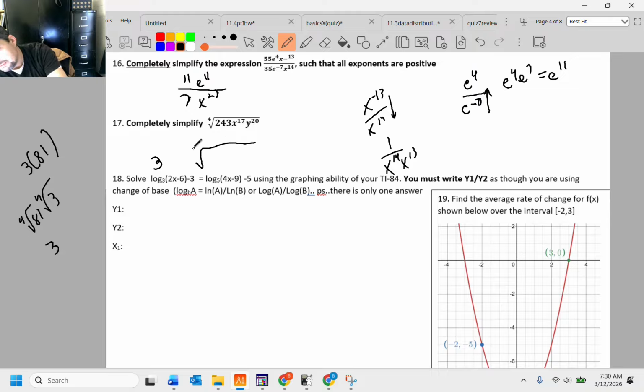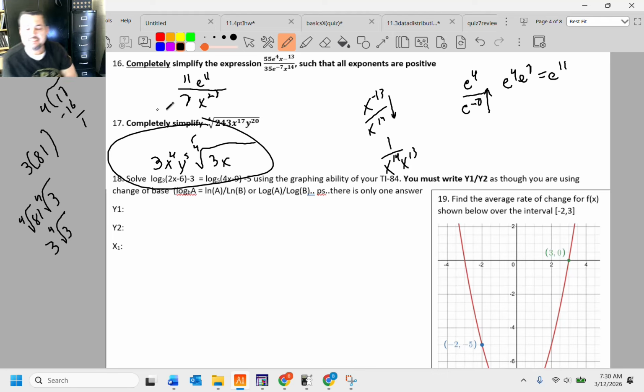And there's still going to be a 3 inside of it, because I'm looking at 3 fourth roots of 3. Now let's focus on these pieces. 4 enters 17 4 times with a remainder of 1. So there's going to be an x to the fourth outside and a singular x inside. 4 enters 25 times with a remainder of 0. Easy peasy lemon squeezy.